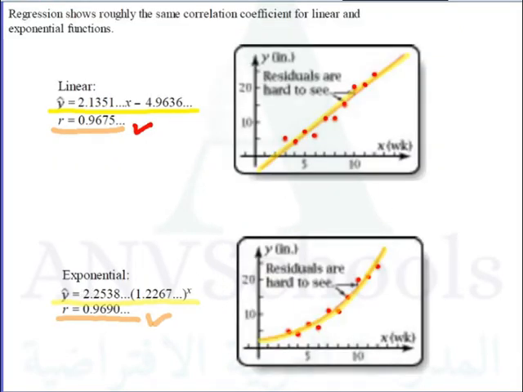So what other options do we need to find in order to see which of the two is best fitting? You can see here that the residuals are hard to see, meaning that they are really clinging to the curve, which makes them both ideal regression.